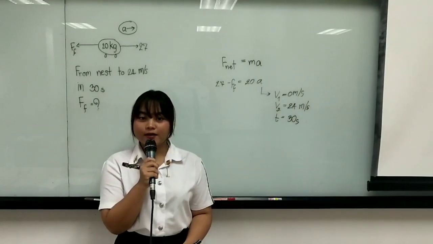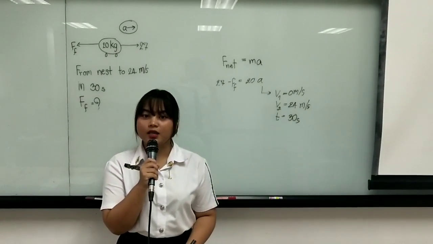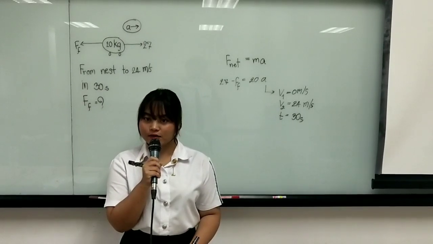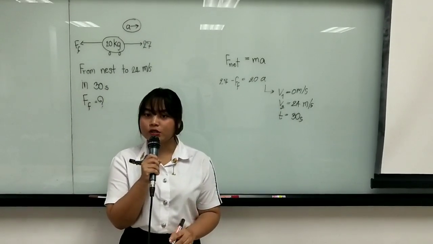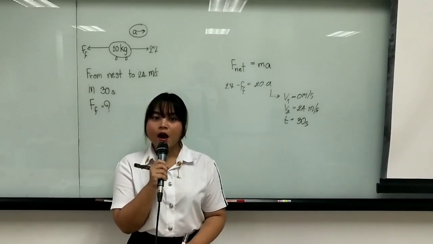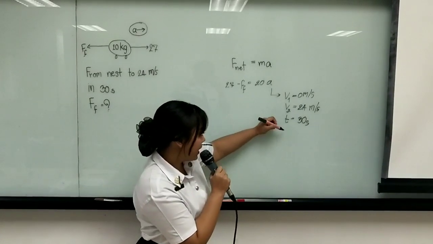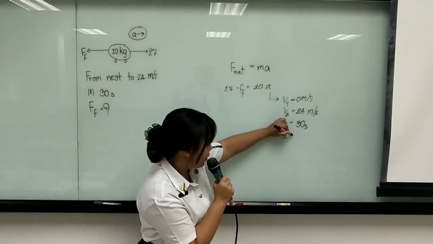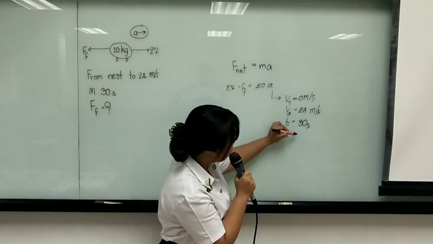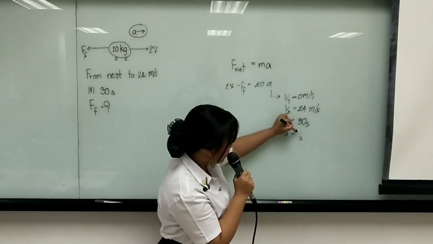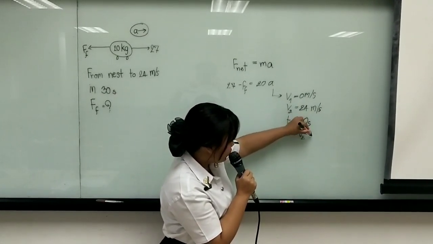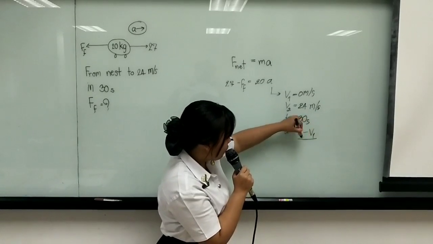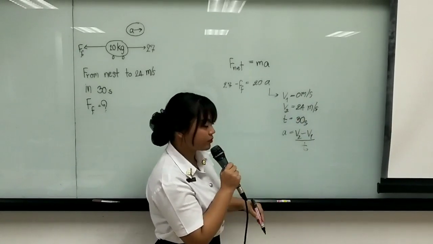So for the kinematic information, I solve for the acceleration, then I can use Newton's second law. I use a equals v2 minus v1 over t.